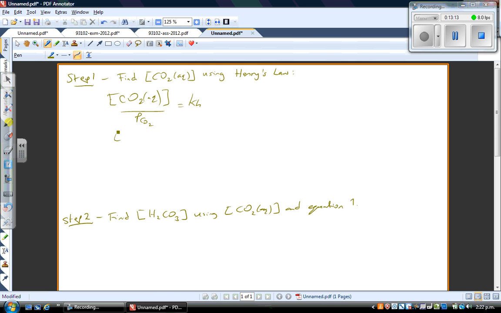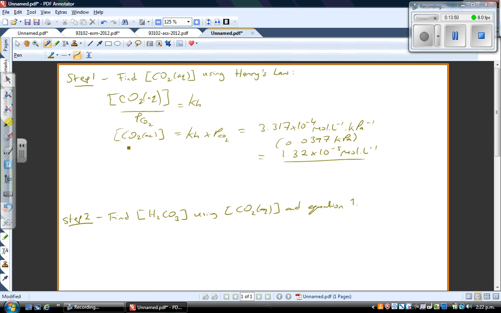So therefore the concentration of CO2 aqueous is equal to 3.317 by 10 to the minus 4 moles per liter times kilopascals to the minus 1, multiplied by 0.0397 kilopascals, which was the partial pressure of CO2 given in the question, and that gives a value of 1.32 by 10 to the minus 5 moles per liter. So that's our concentration of CO2.